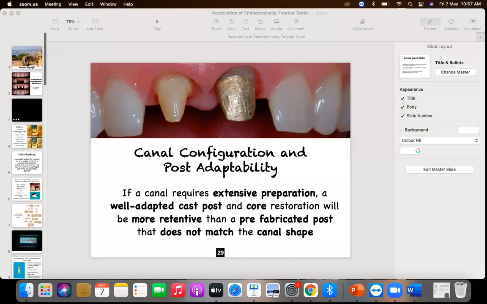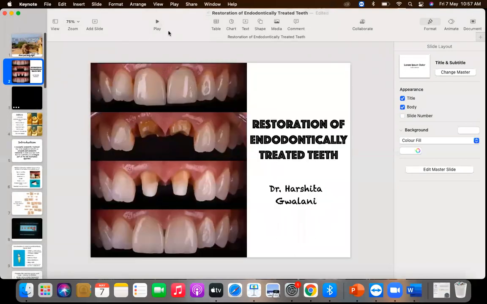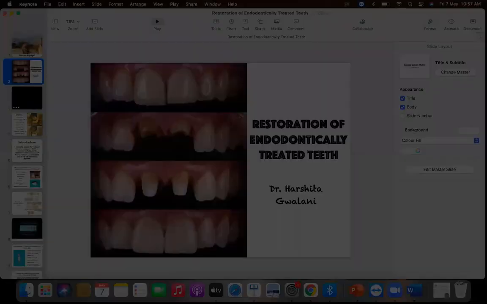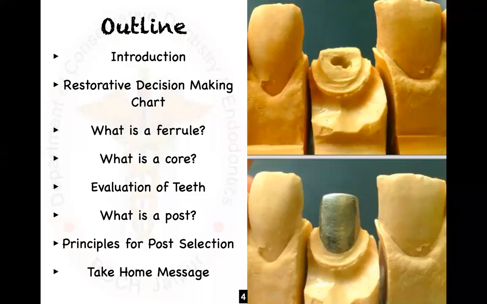Then you told us how we have to write the question: first the introduction, then the restorative decision making chart, then types of restorative material, then we have to elaborate the post and core. Then you told us about everything, like first you started with the ferrule and you added a slide about the thickness.